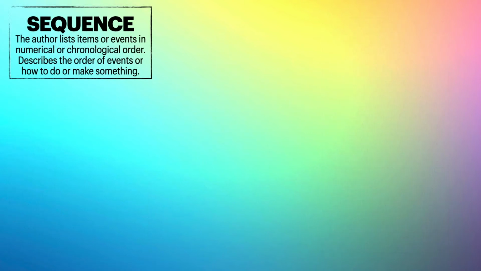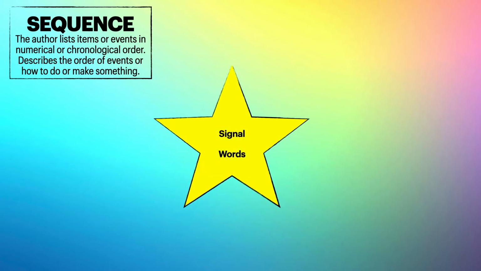Sequence. In the sequence text structure, the author lists items or events in numerical or chronological order. So there are more common words that are used in this text structure that will help you identify it as a sequence text structure.